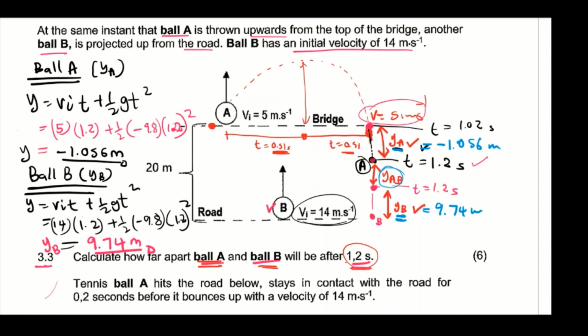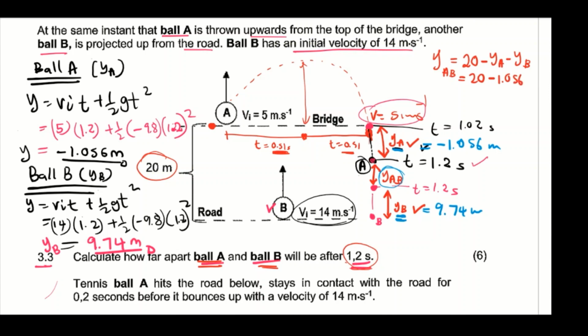Now that we found y of A and y of B, we can easily find y of AB, which stands for the difference in height between the two balls, right? So y of AB, which is the difference, is going to be 20 meters, which is the total height of the bridge, minus y of A minus y of B. So it's 20 meters minus our y of A, which is 1.056.